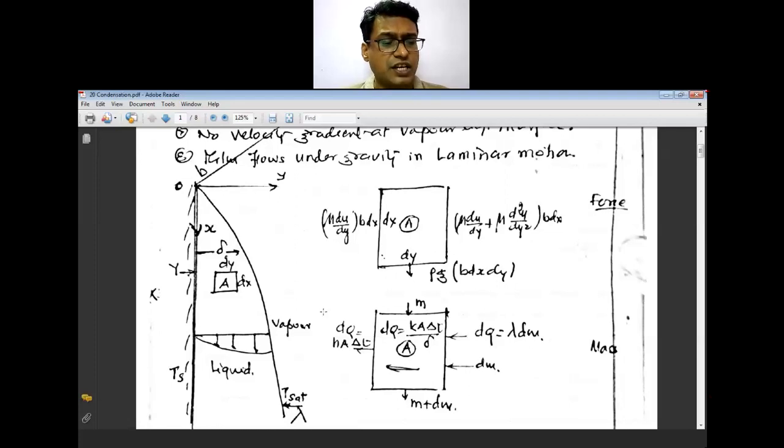The fluid which is rolling down offers an internal resistance because of the viscous forces. Now the viscous shear stress at y is given as tau, which is mu into du upon dy. That is your viscous force.